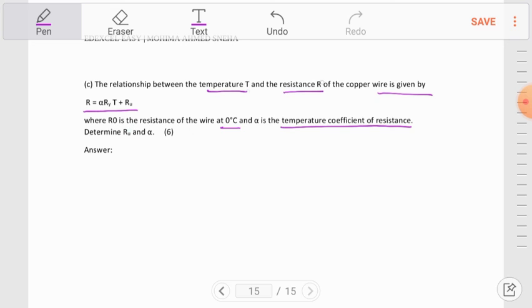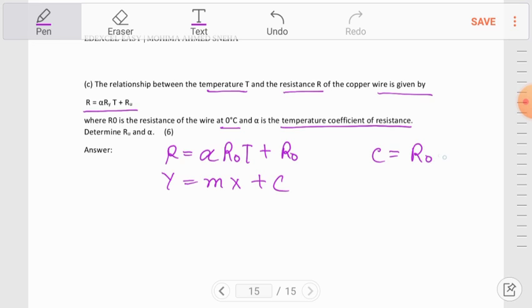Determine the value of R naught and alpha. Let us first write it down. The equation is R equals alpha R naught T plus R naught. We can directly say that this is exactly in the form of y equals mx plus c, which means that the y-intercept c would give us the value for R naught.